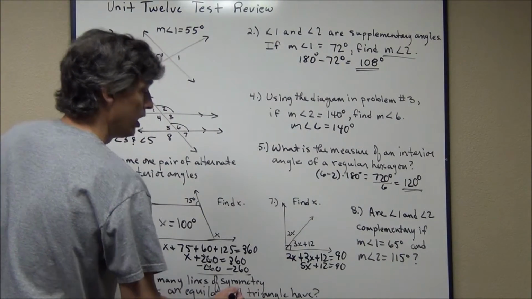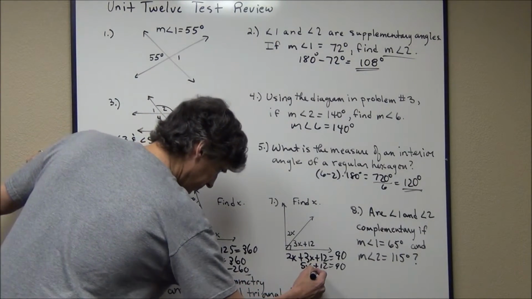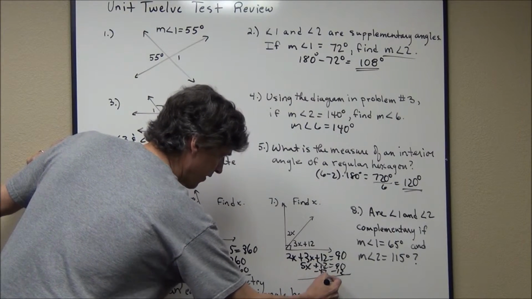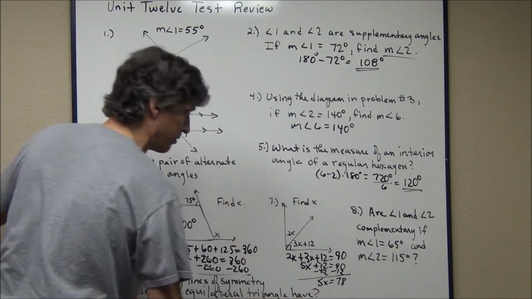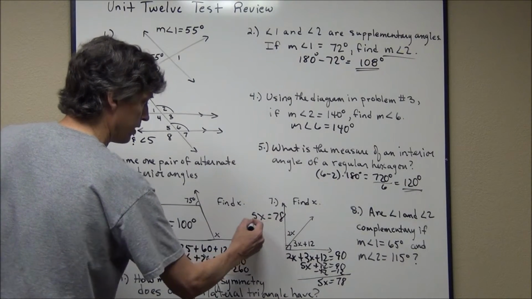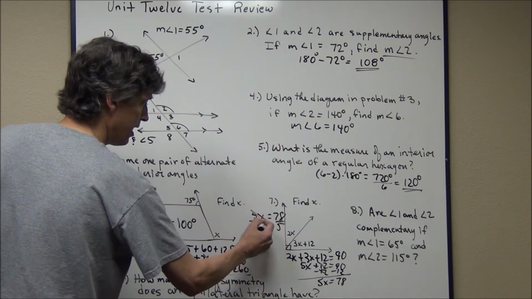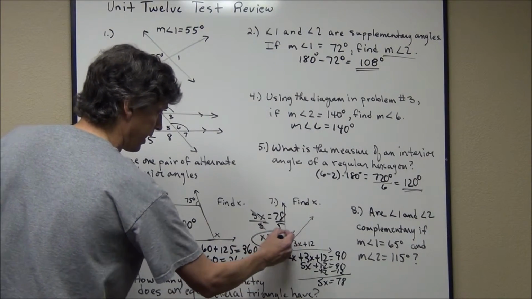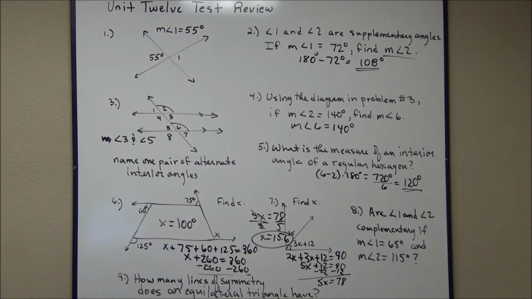I'm going to subtract 12 from both sides. I don't think this one's going to come out evenly. That's okay. 5x equals 78. Now I'm running out of space, so I'll bring it up here. 5x equals 78. I'm going to divide both sides by 5, and I get x equals 15.6 if I break it out on a calculator. 78 divided by 5 is 15.6.